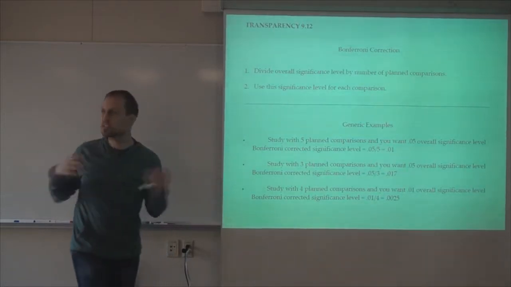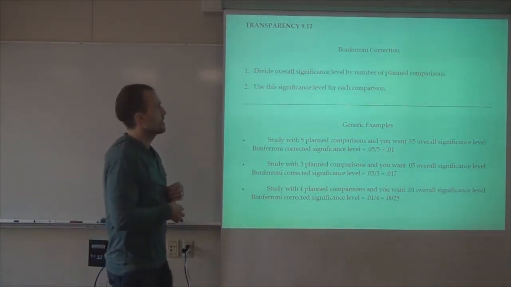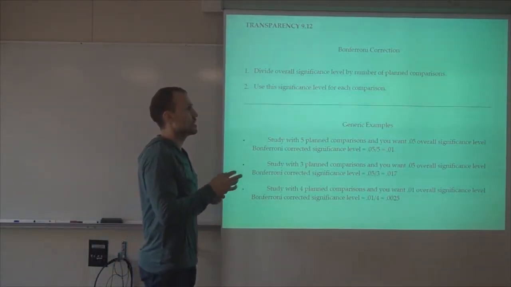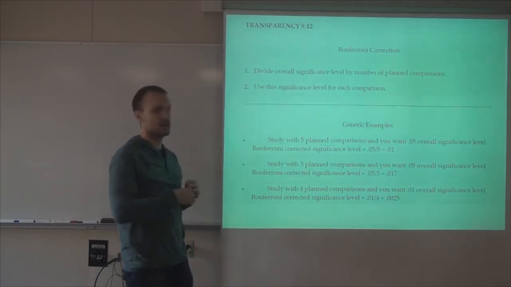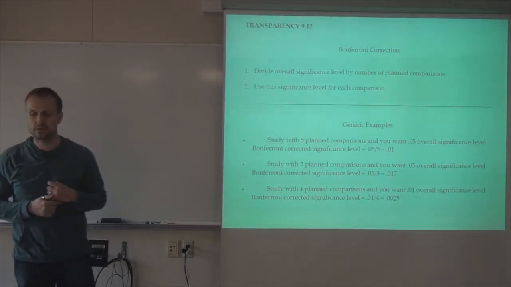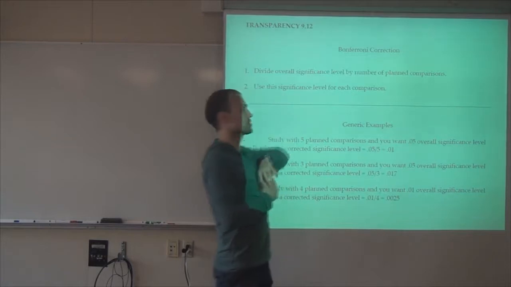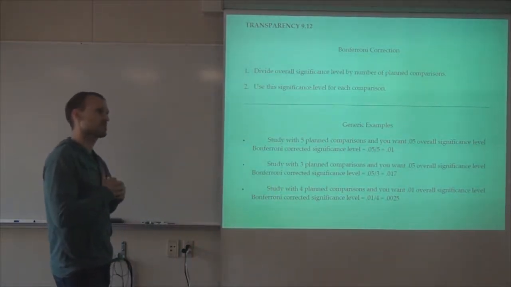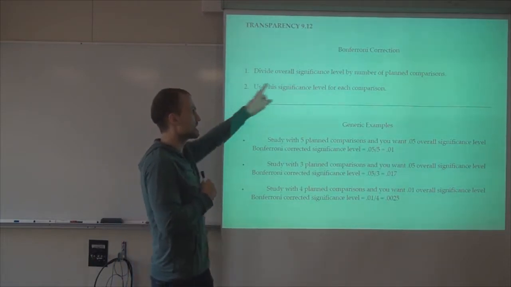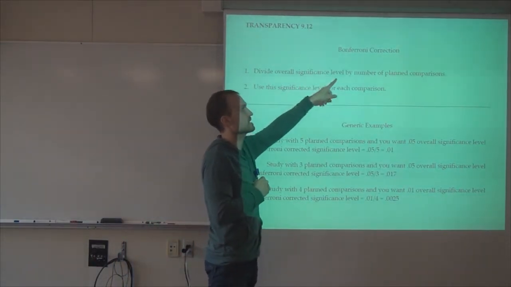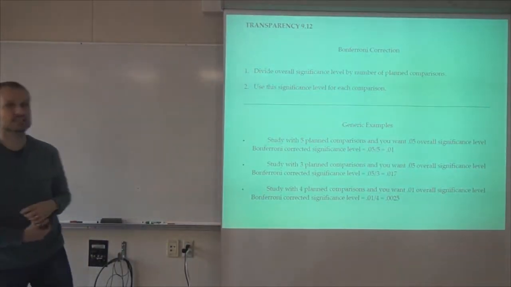Because I now have so many tests, each time running the risk according to alpha. In order to avoid that risk or limit that increased type 1 error probability, we have the Bonferroni correction, which is going to be much simpler than you might think at first. All I'm going to do is take my original significance level and divide it by the number of pairwise tests I'm going to do.